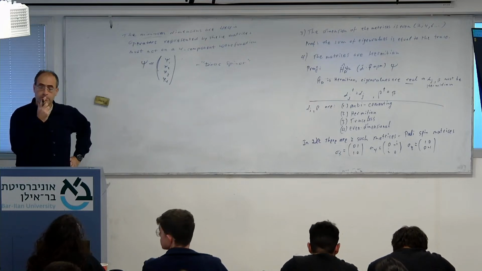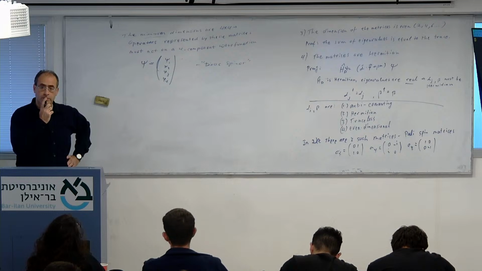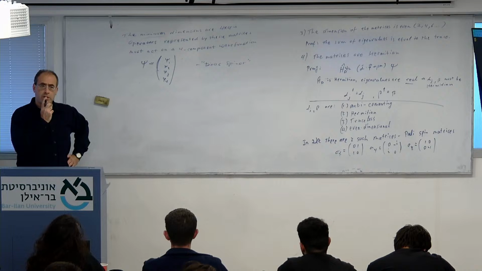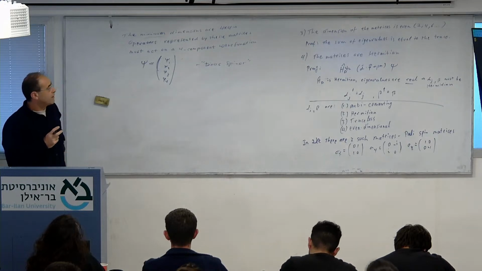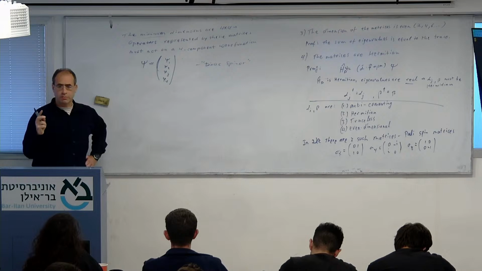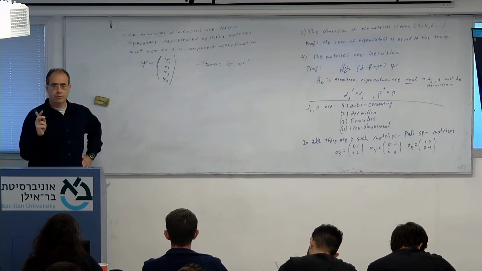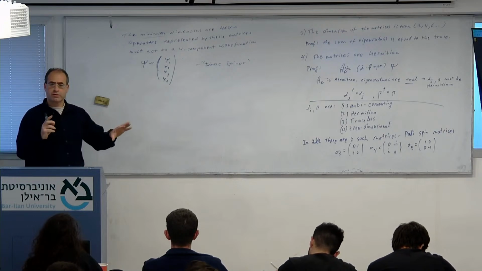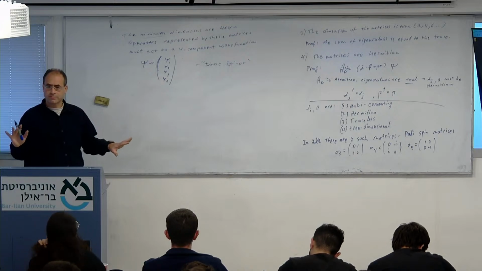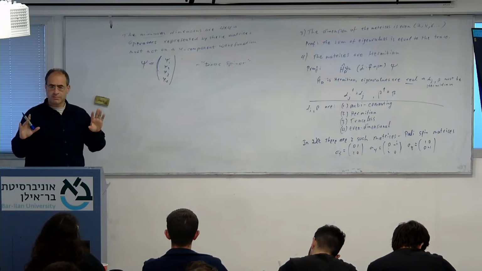For many particles, it would be 4n by 4n matrices. No, the Dirac equation represents a single particle. We're talking about a single fermion. I'm not talking now about a situation where we have multiple particles. It's a different situation.